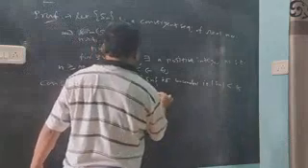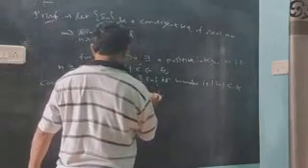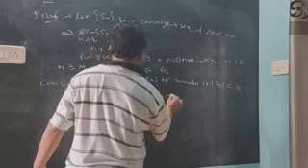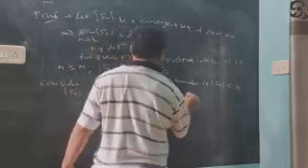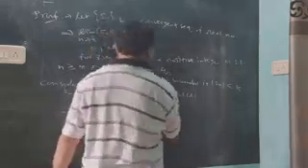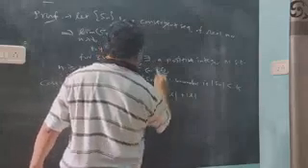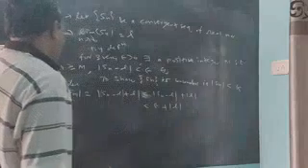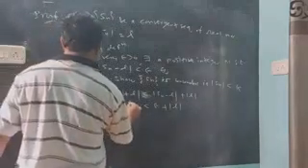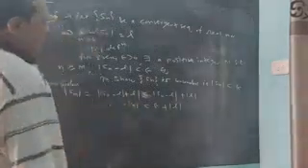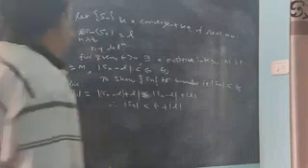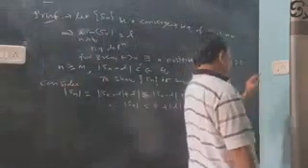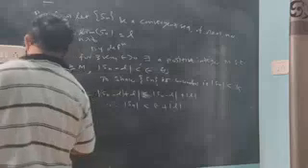So mod of Sn is less than epsilon plus mod of L. Whatever, less than some k, so we choose some value of k.